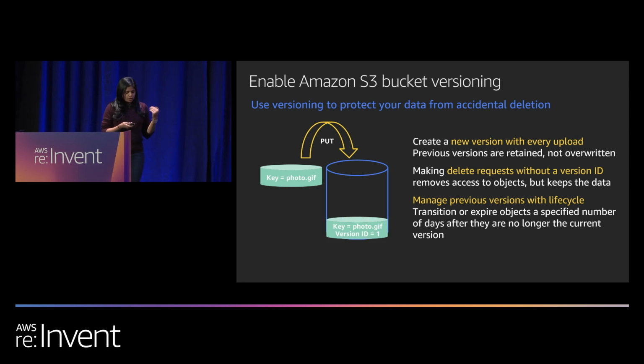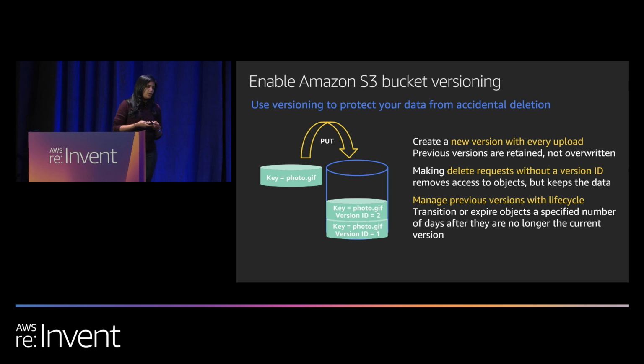With each new put for that object, S3 generates a unique version ID, and all the previous variants of that object are retained in S3. So with the new version, you have an object with a new version ID, and both copies of these objects are retained.